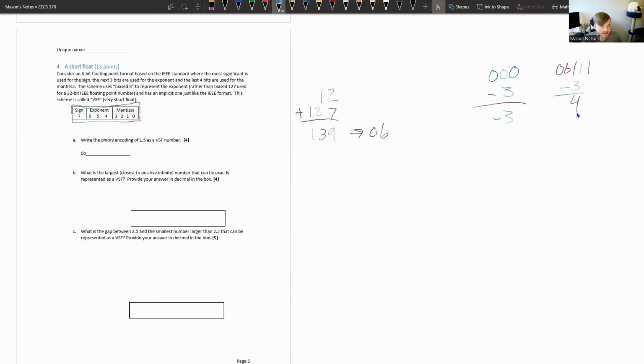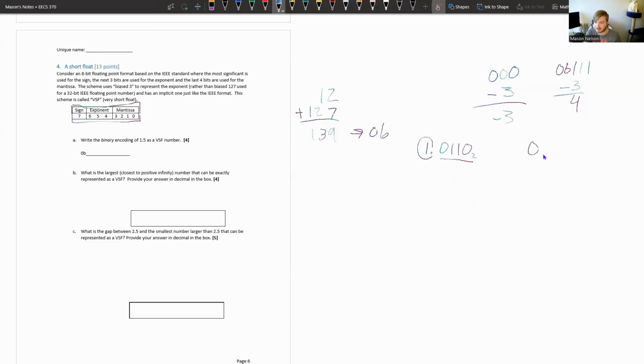Then it says it has an implicit 1, just like the IEEE format. If we remember from floating point, whenever we take this number in binary, we leave out this 1 and just put the remaining bits into the mantissa. That's because we can always shift our number if it's in binary.